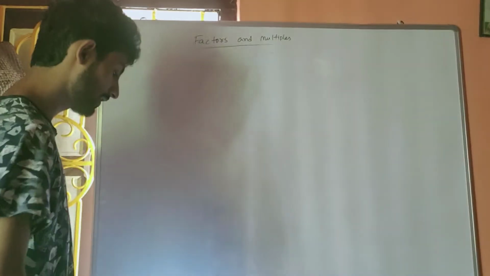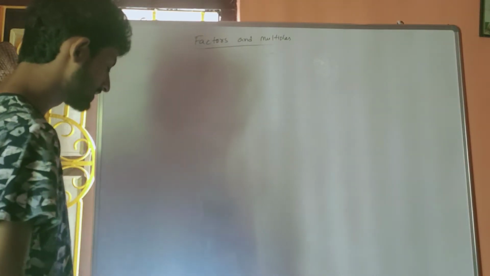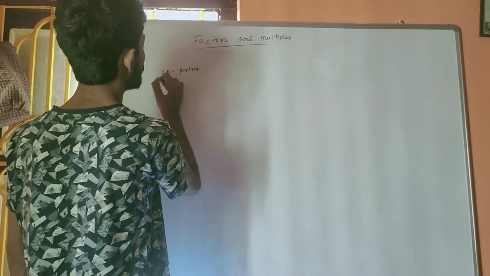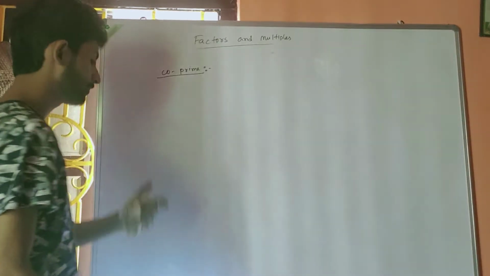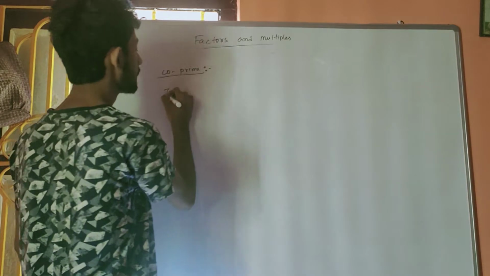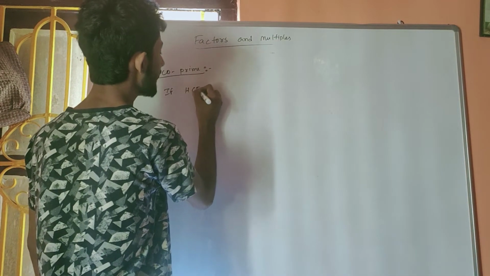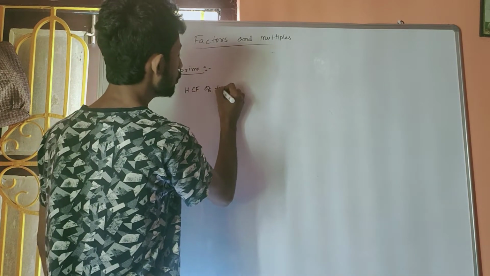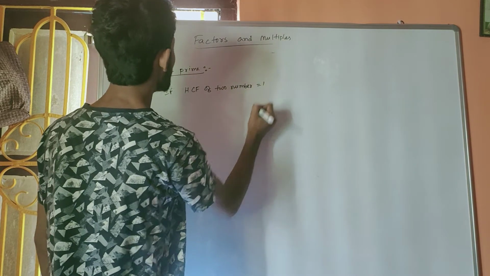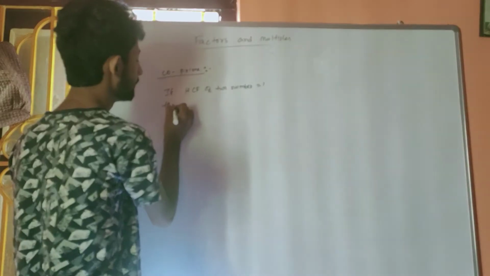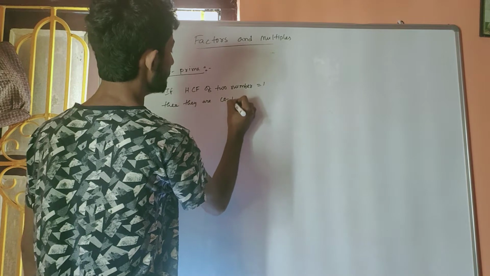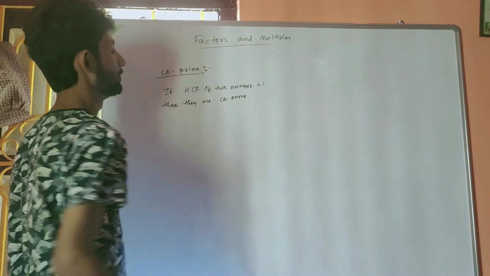Now we'll discuss coprime. What are coprime numbers? If the HCF of two numbers equals 1, then they are coprime.